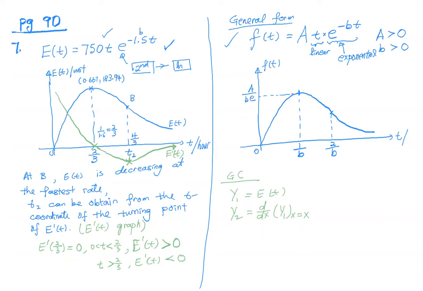So you look at here, see whether correct or not. Our A is 750 over the b is 1.5 and the e. You try, divide, see whether you get this number or not. Do you get that number?